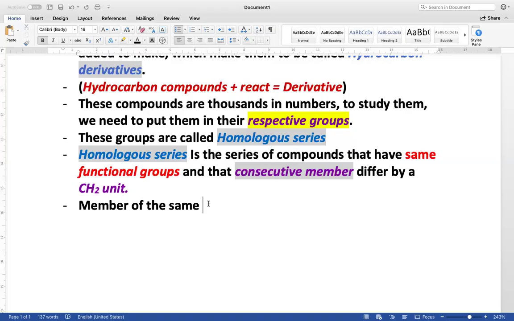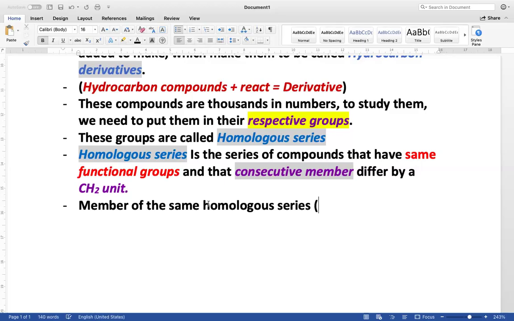If a particular child spacing is used, it must be applied only to that family. Others have different years in between. So, saying members of the same homologous series.